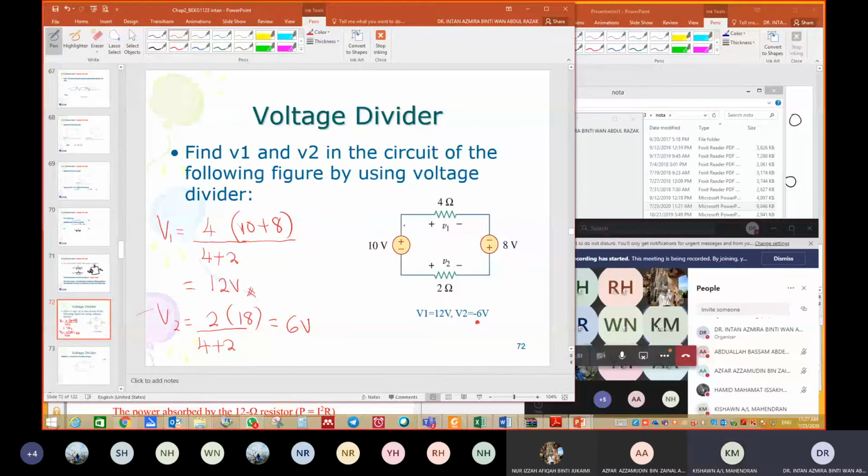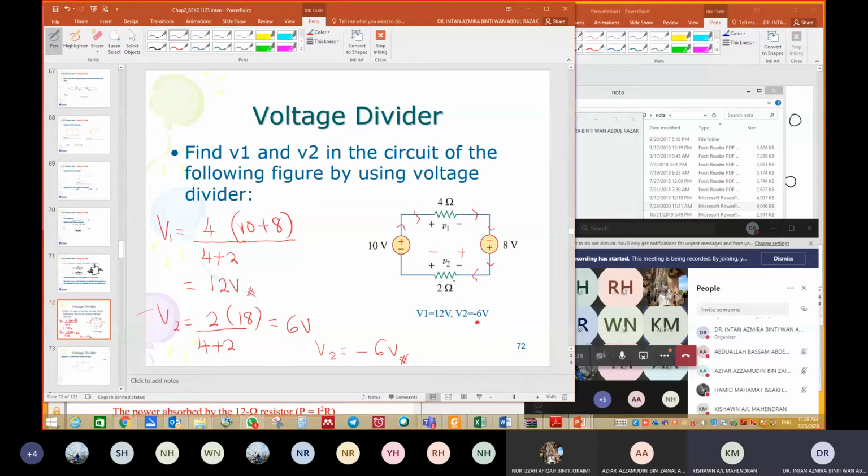Because the current will flow from the source like this. When the current enters this resistor, the voltage drop is positive and then negative. Then it reaches the 2 ohm, and the notation of voltage must be positive and negative. But the question puts it the other way, positive here and negative there, so you write V2 is equal to -6 volt because of this flow of current.